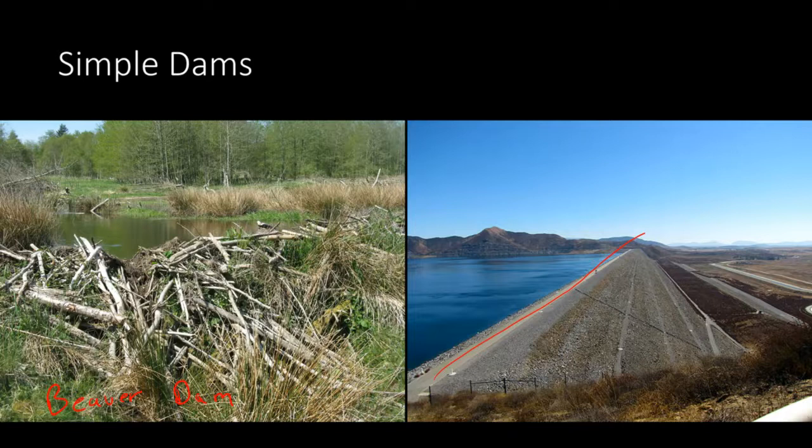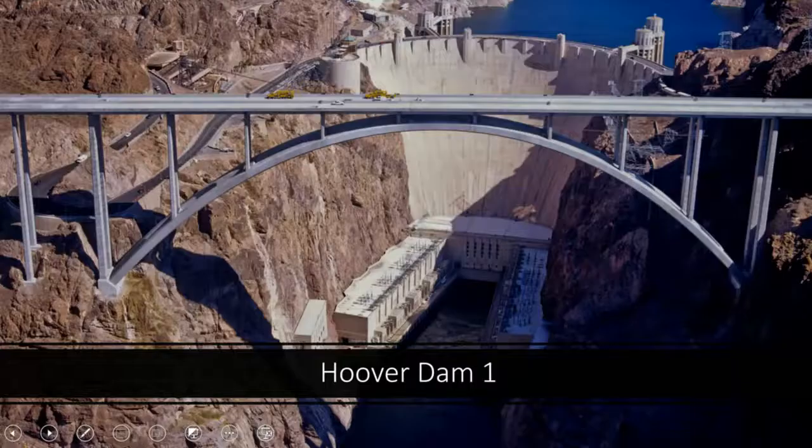We're mostly going to be looking at the more modern dams, though, the ones that require steel and concrete to make. One of the most famous in America is, of course, the Hoover Dam. I like this picture of it because you get a pretty good sense of not only how tall it is, but just the way in which it's really part of a canyon. The Colorado River, which it's damming up, is a river that grinds down through a canyon in its whole way.